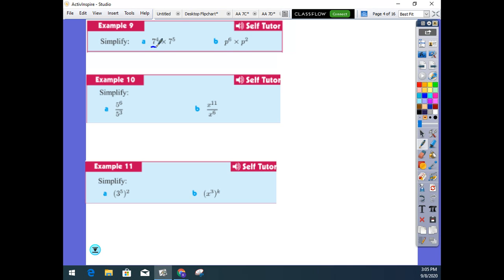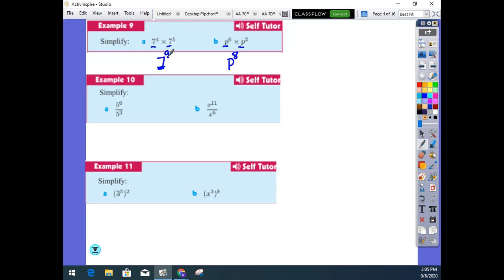I'm multiplying bases that are the same. Keep the base, add the exponent. So I like this because they give you both a numerical example and a variable example. When you're multiplying bases, you don't multiply the base itself. Keep the base, add the exponents.